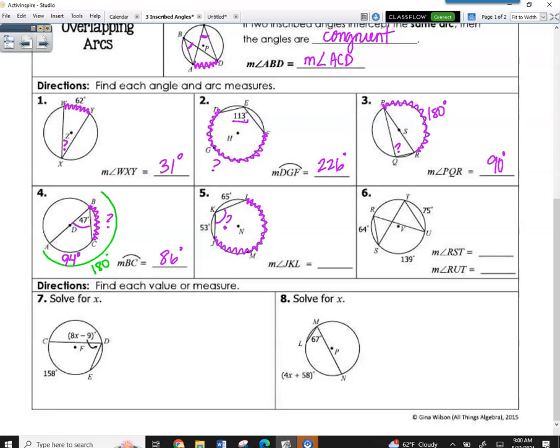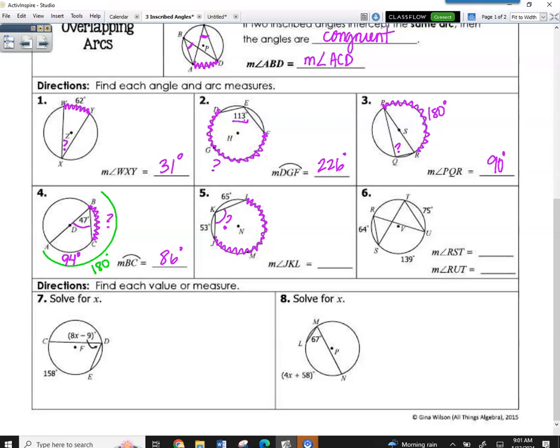How do you know? Remember, one of the tools you're supposed to keep in mind is that the whole circle measures 360. Stay with me, Landon. This arc that I just shaded is the only piece of the whole circle that I don't know. I know this piece and I know this piece.